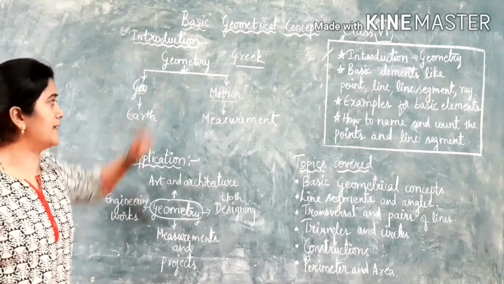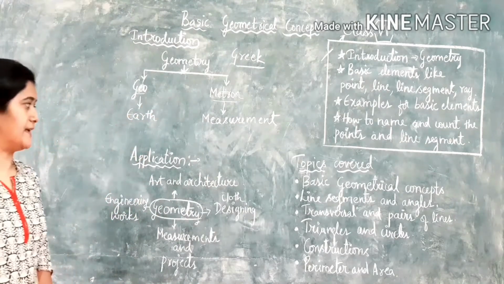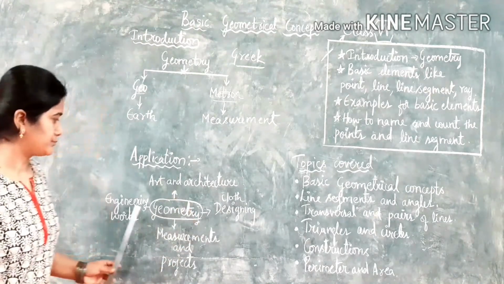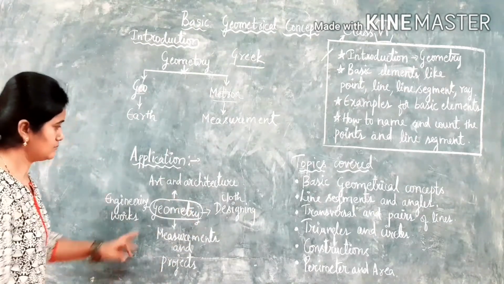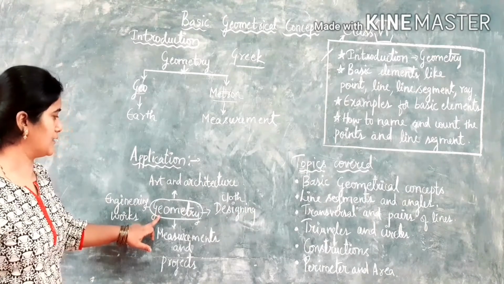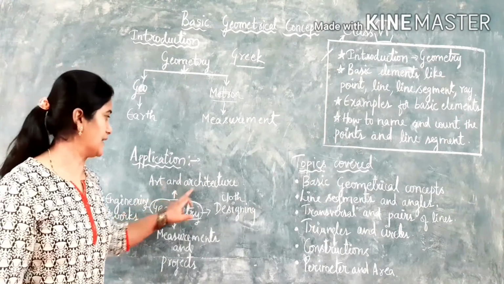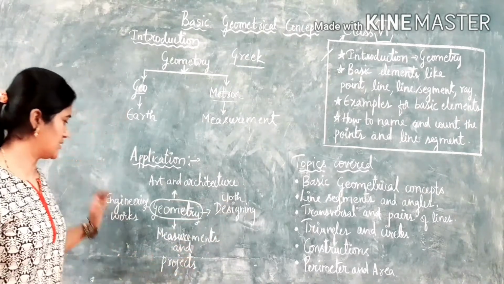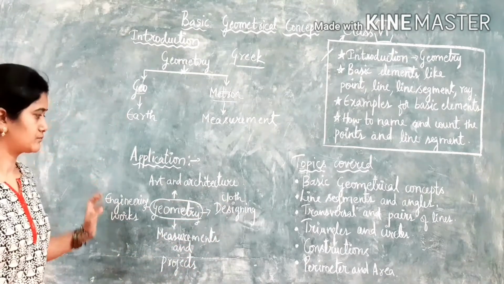So here geometry is used in various fields. What are the applications of geometry? Here you can see geometry is used in art and architecture, cloth designing, measurements and projects, engineering works.